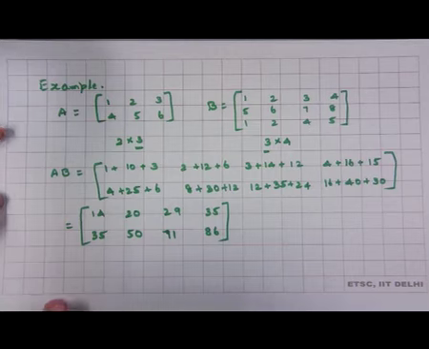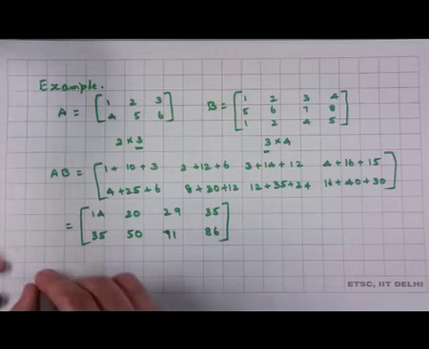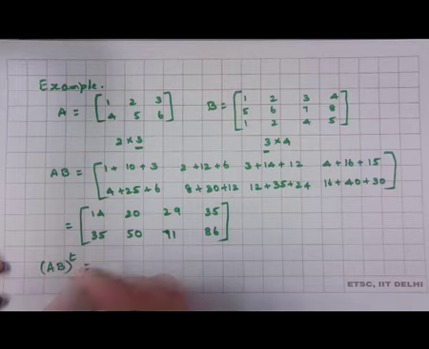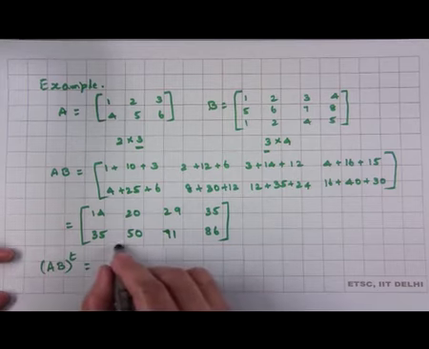We have this as AB, and therefore (AB) whole transpose is equal to the following.